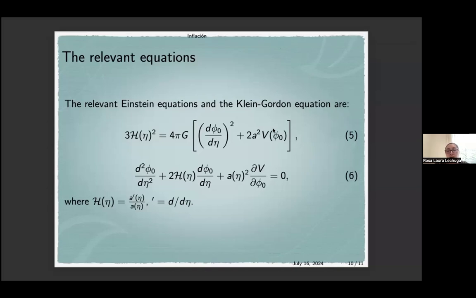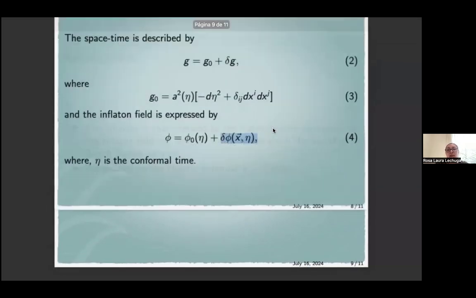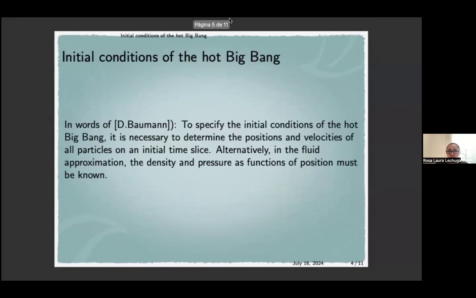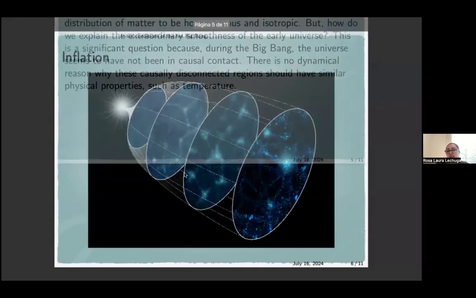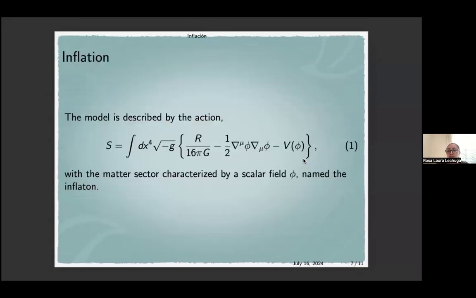I'm working previously. I thought that the whole matter sector is characterized by this scalar field, the inflaton field. Then it is expected that when inflation ends, it leads to the reheating period, and then starts the formation of the nuclei and the first elements.